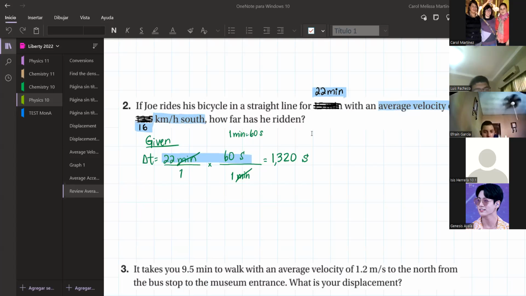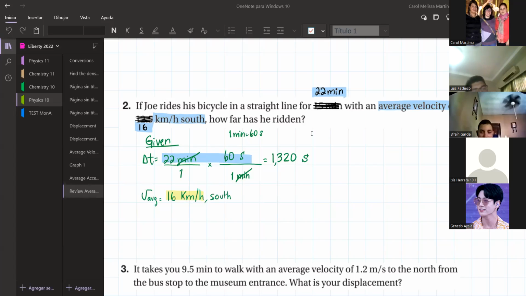Now, the other given in this problem, number 3, is the average velocity. Average velocity, v avg, equals 16 kilometers per hour south. I need to turn this velocity into meters per second.